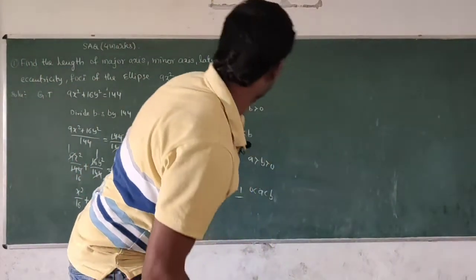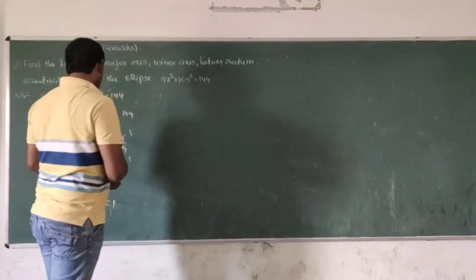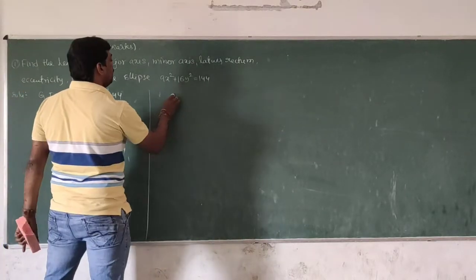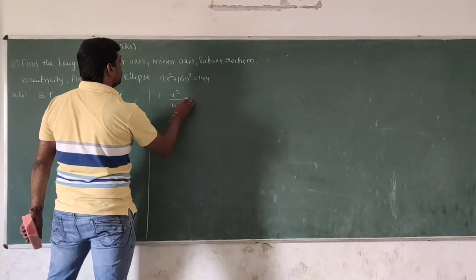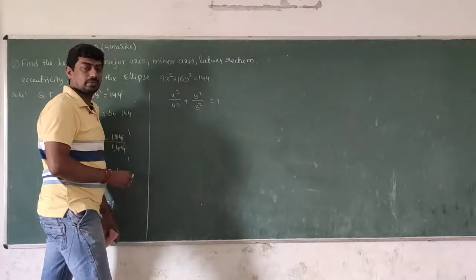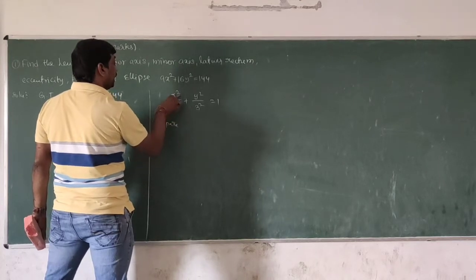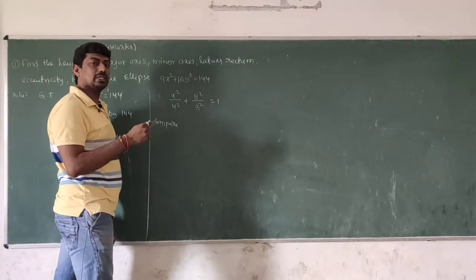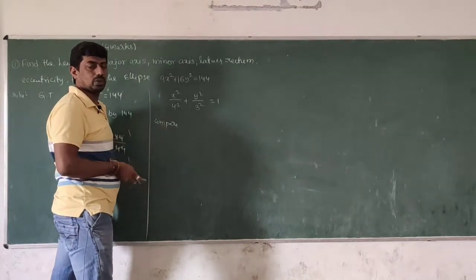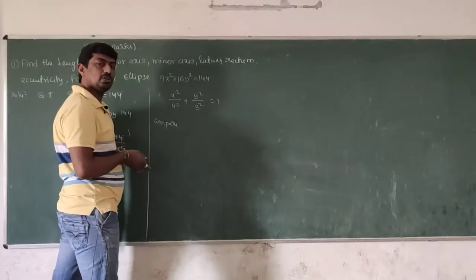Okay, right. Now here the 16 can be written as 4 square, and 9 can be written as 3 square, equal to 1. Compare with standard form. So clearly here x square only, not in the form of x minus h. That's why the only choice is either 1 or 2. Okay. So 1 or 2 depends on the values of a and b.